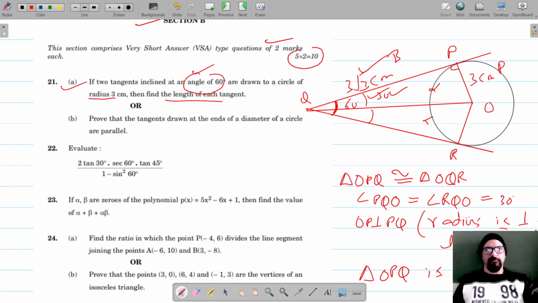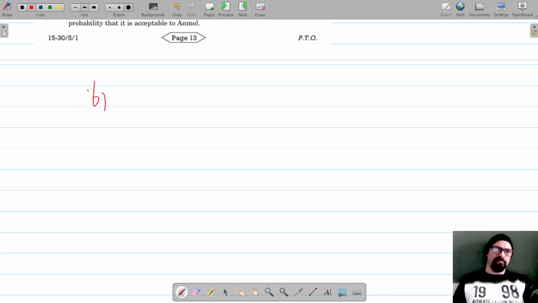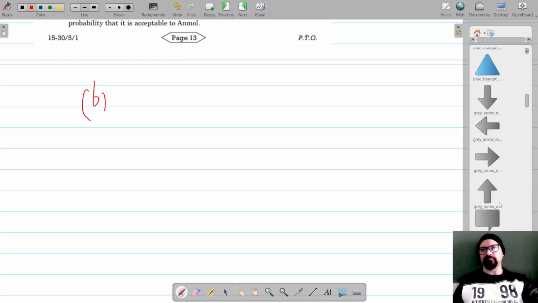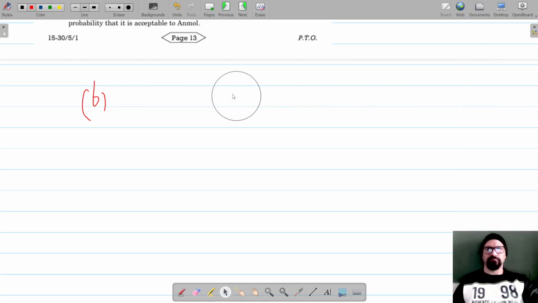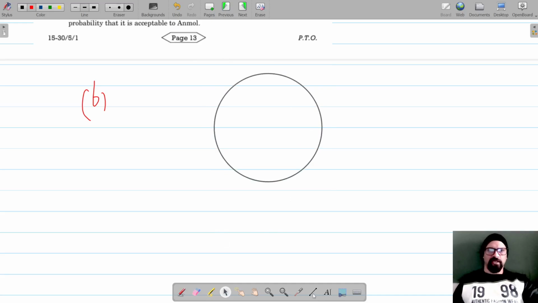the next question. For the next question, we have to prove that the tangents drawn at the ends of a diameter of a circle are parallel. This is part B. Let this be the circle, and there are tangents drawn at the ends of the diameter.